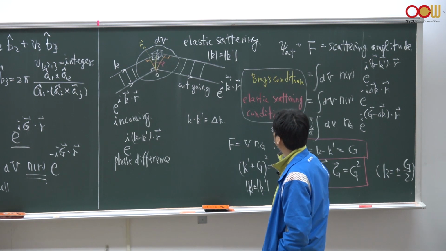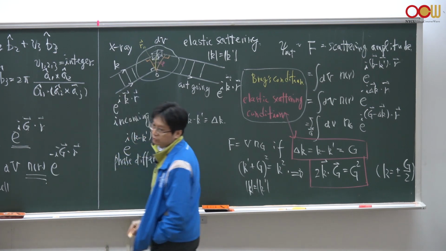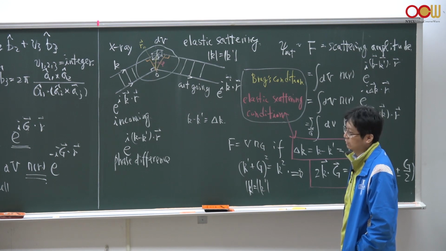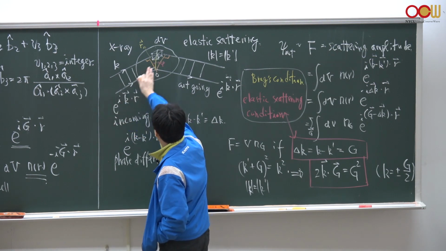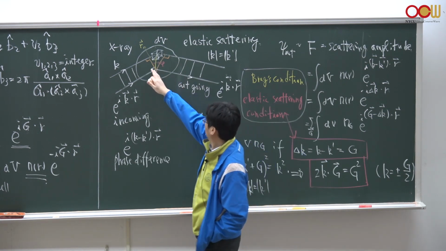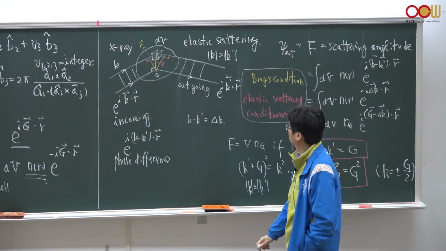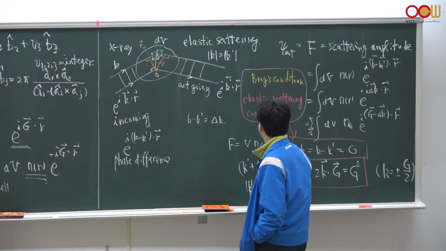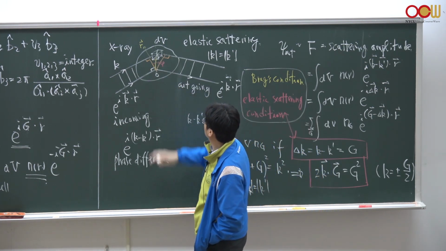So imagine that I send in some X-ray, which is some kind of high energy particle or X-ray beam, and I try to hit this target with the X-ray, and then the X-ray is going to hit all these atoms and ions in the material, and then it will get diffracted by an angle, say phi here.